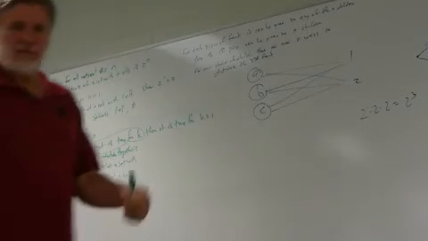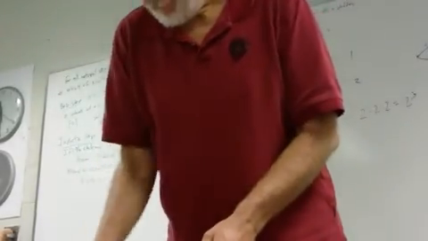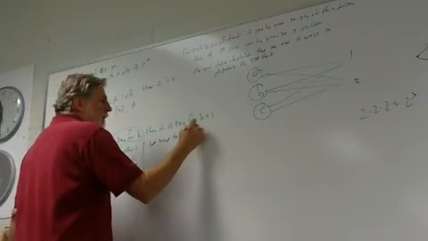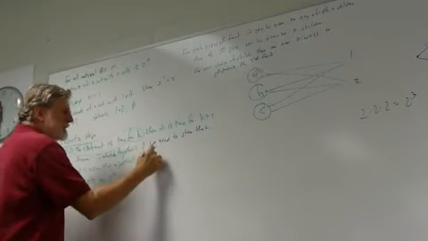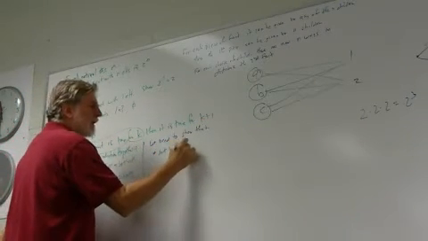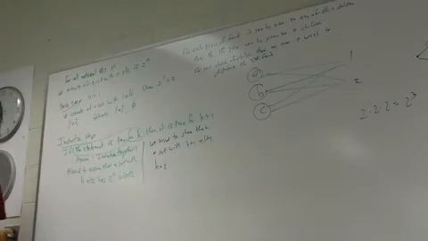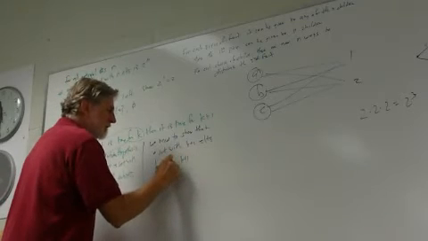What we need to show is that it's true for k plus 1. We need to show that a set with k plus 1 elements has 2 to the k plus 1 subsets.